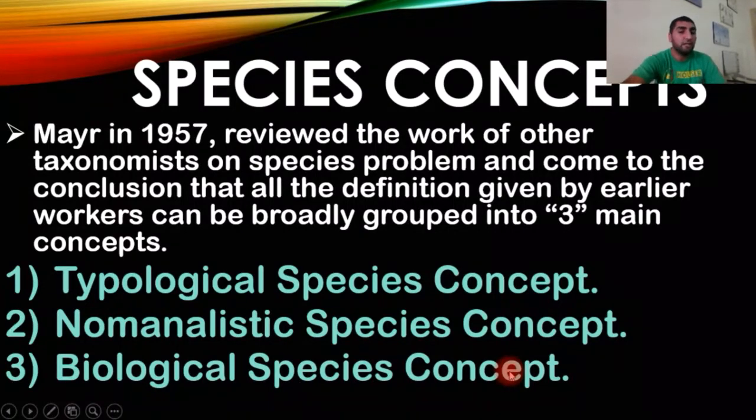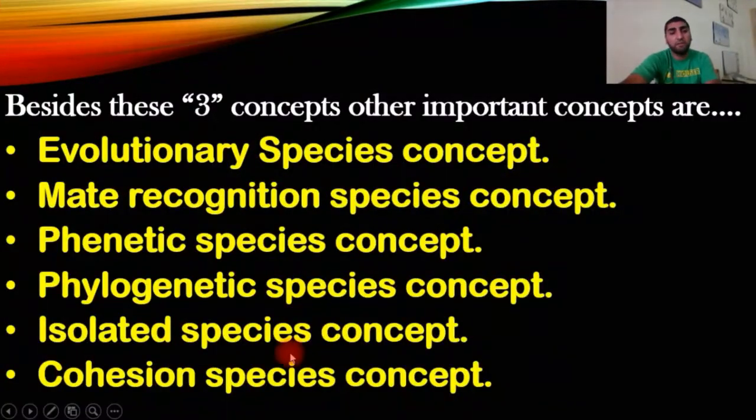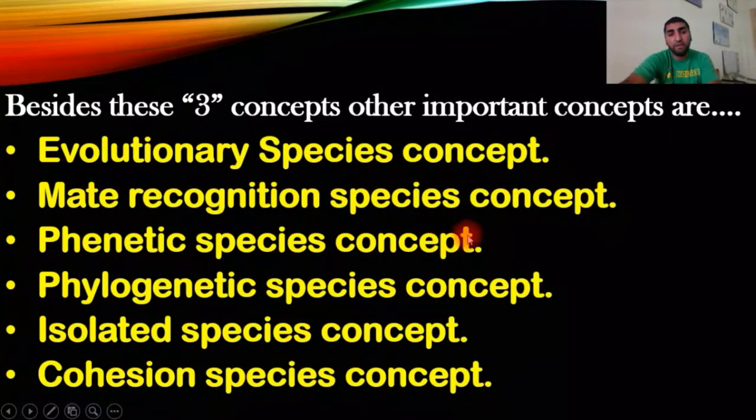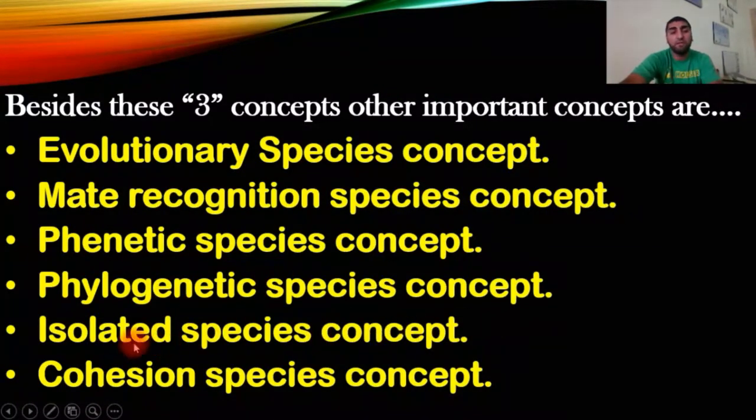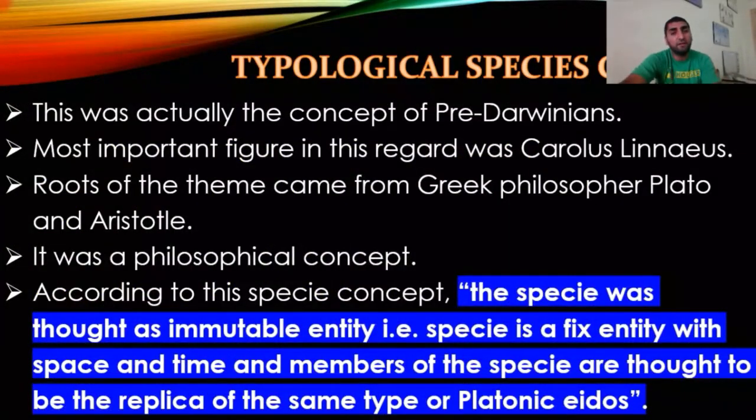There are many other species concepts, but these three are the basic ones. Besides these, there is the evolutionary species concept, the phonetic species concept, the phylogenetic species concept, the isolation species concept, and the cohesion species concept. We will discuss them in detail. So the first one is the typological species concept.